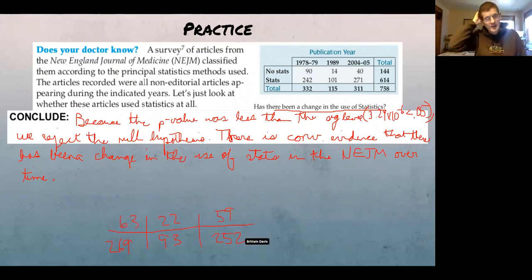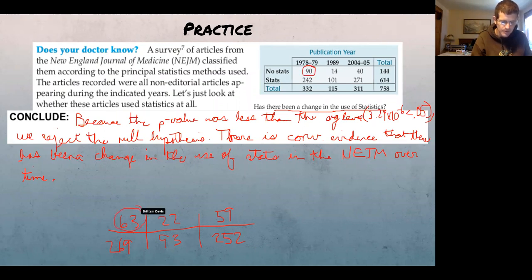Okay, so I can see that in 1978 and 1990, there were more articles with no stats than we would have expected, and therefore fewer articles with stats. Oh, I'm sorry, I'm going backwards. There were fewer articles with stats than we would have expected. Here's the expected.